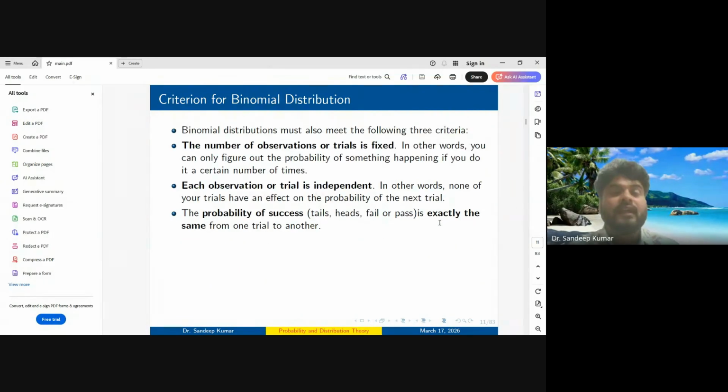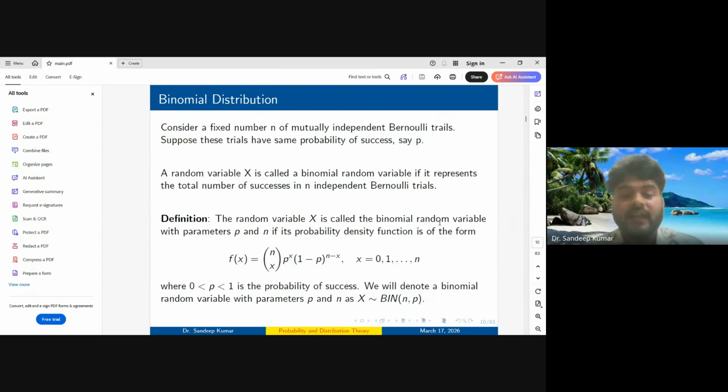Okay. Criteria for binomial distribution. A binomial distribution must meet the following three criteria, which are very, very important. First, the number of observations or trials is fixed, because in the previous slide you can see x takes values from 0 up to n.